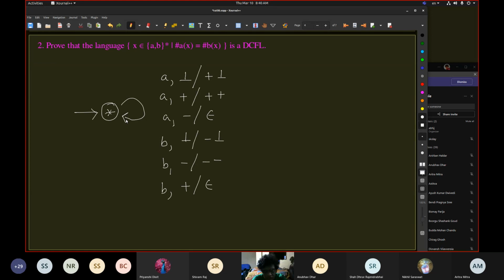That is a guess, right? The fact that this bottom marker is exposed does not mean that the end of input is reached. But the earlier PDA could guess because it's a non-deterministic machine, but now I am constructing a deterministic push-down automaton. So what should it be? So we can make another state and do an epsilon transition if the bottom marker is exposed, and keep that as a final state, and if more inputs are available, we come back.